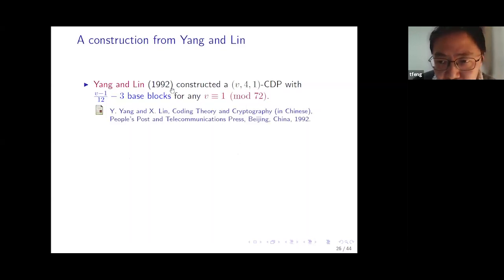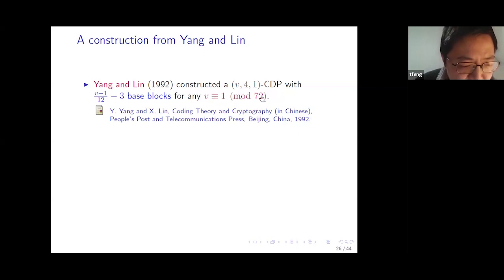In 1992, Yang Yixian and Lin Xuduan, in their book written in Chinese, constructed (v, 4, 1) cyclic difference packings. Here, v is 1 modulo 72. Actually, I believe they wanted to construct a cyclic difference family, because v is 1 modulo 72.